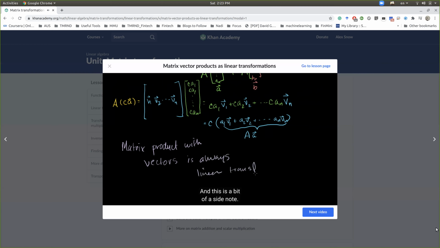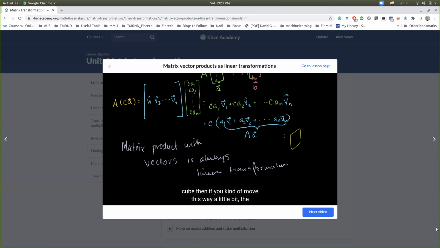And just as a side note, in the next video I'm going to show you that any linear transformation, and this is incredibly powerful, can be represented by a matrix product. Any transformation on any vector can be equivalently written as a product of that vector with a matrix. This has huge repercussions. Tying this back to everyday life, you probably have your Xbox or your Sony PlayStation, and you have these 3D graphic programs where you're running around shooting at things, and you can see things from every different angle.